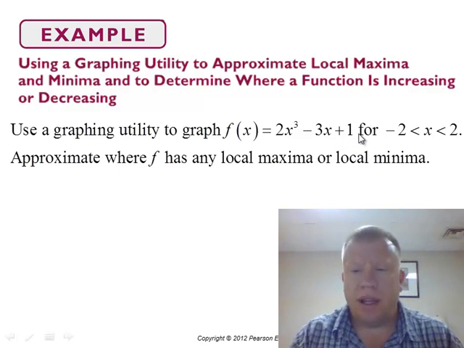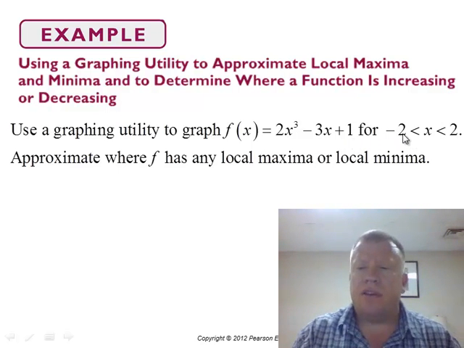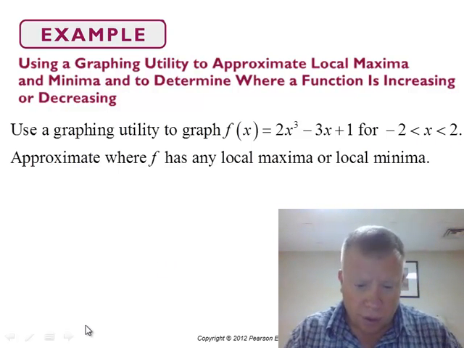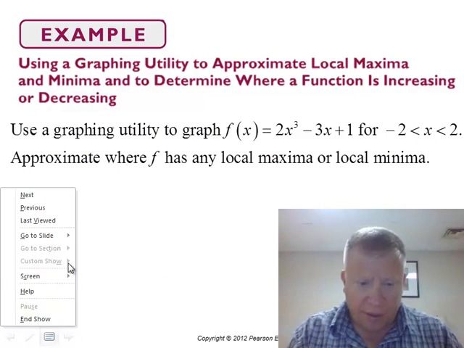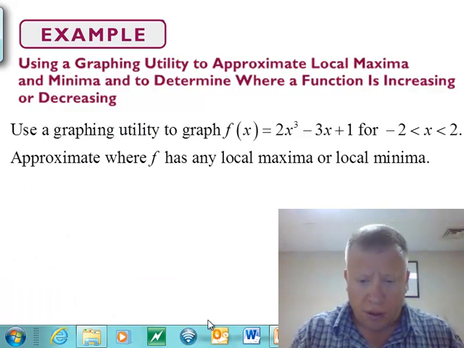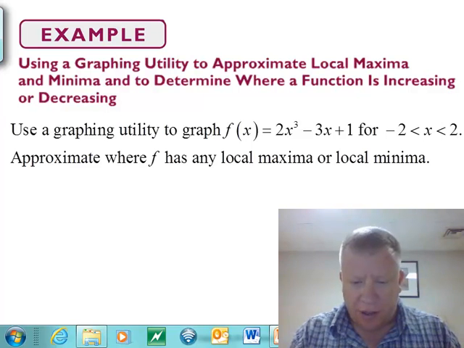Plug in this function, and then on the viewing window, let your x minimum be -2 and your x maximum be +2. Now, I did this from start to finish on my previous recording, so you'll see all this stuff already loaded up.